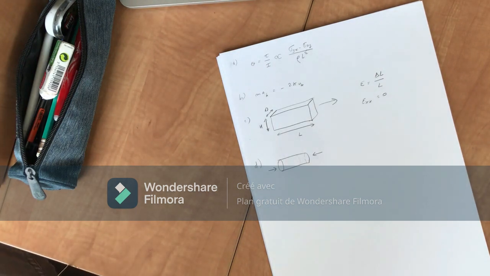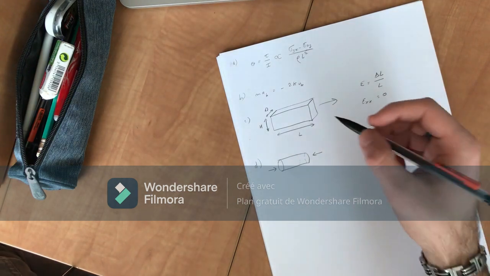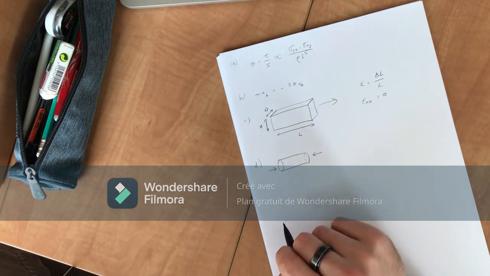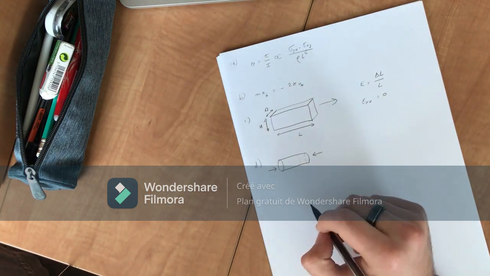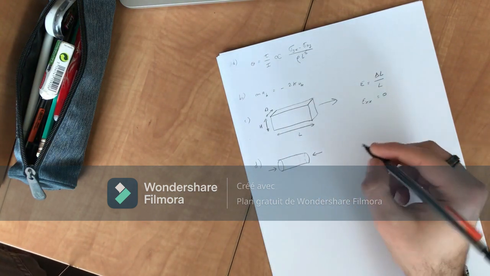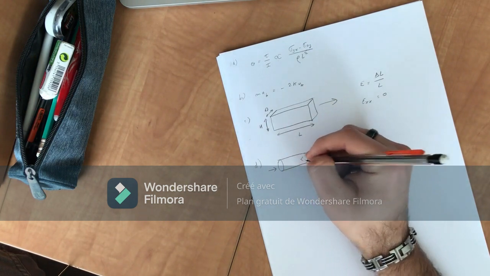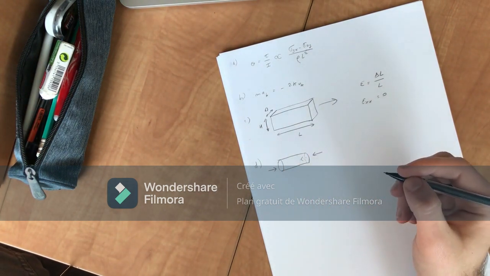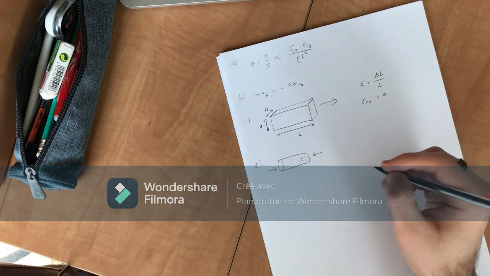So the forces on opposite faces of the cylinder compensate each other. So if we cut the cylinder perpendicularly, like this cut here, there must be a force that acts to compensate the forces on each side of it, like a fictive one here. So there must be a force, so a stress, inside the cylinder.